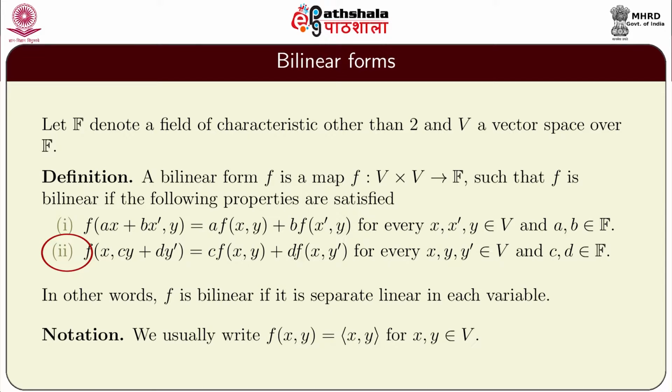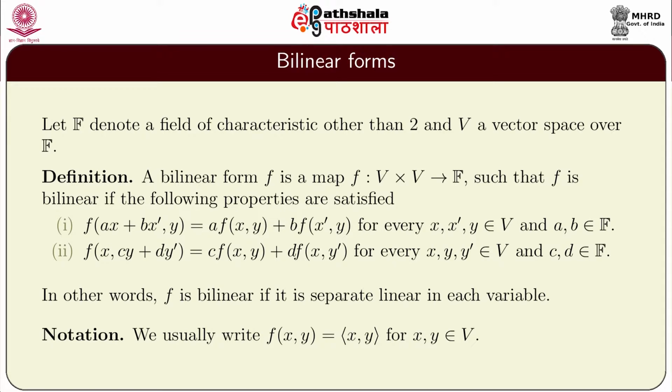And the second one says f of x comma cy plus dy dash is equal to c f of x comma y plus d f of x comma y dash for every x, y, y dash in V and scalars c and d. In other words, f is bilinear if it is separately linear in each variable when the other one is kept fixed.